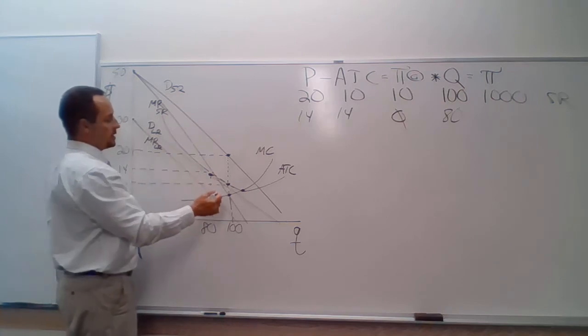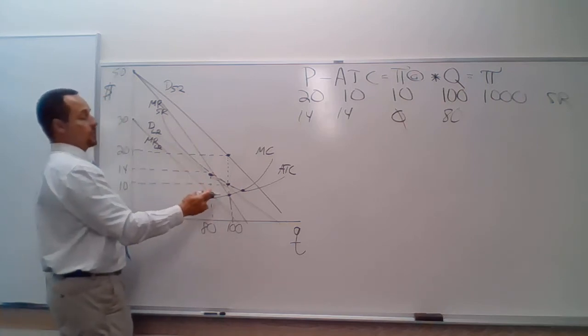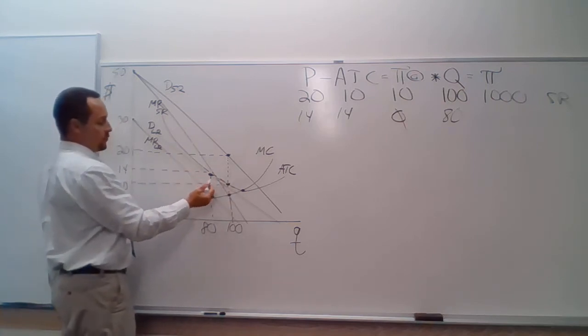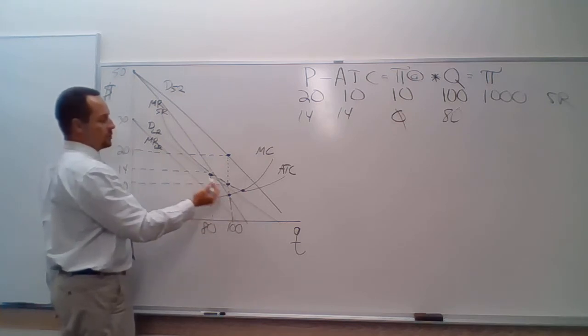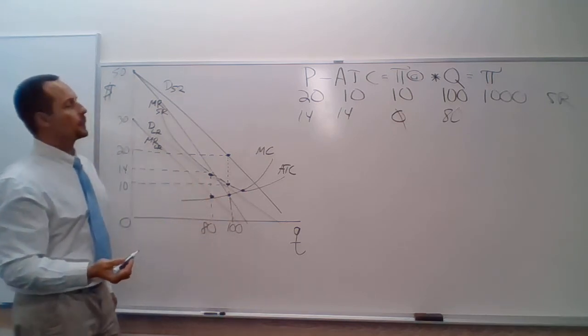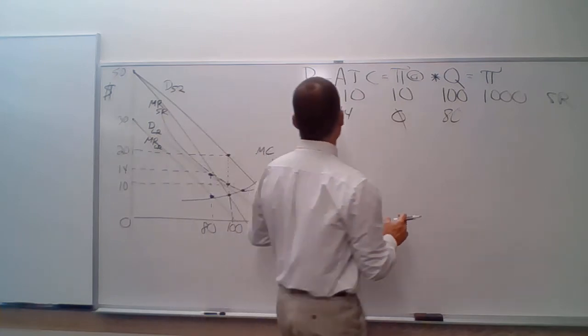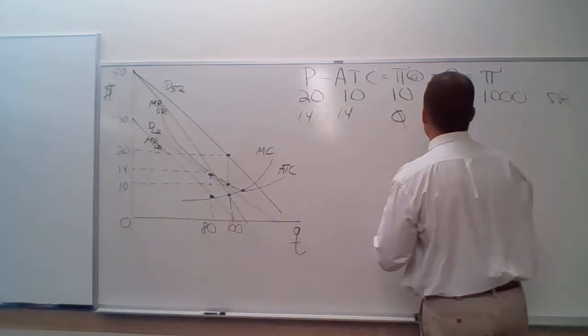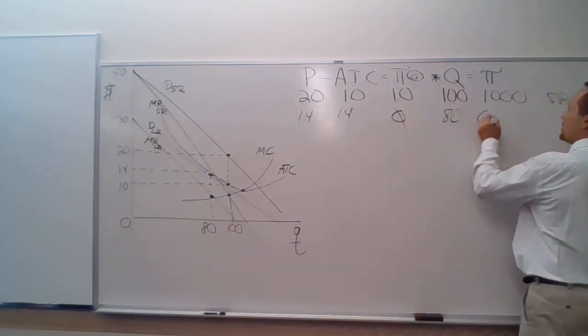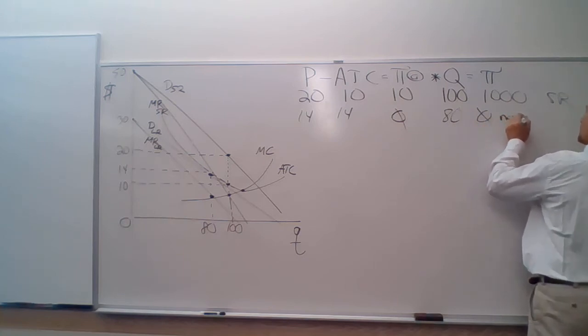But to me, in the long run, a monopolistic competitor is a price taker because he's forced to operate at 80. If he makes more or less, he will lose money. ATC will be above price, which means losses. So a zero normal profit in the long run.